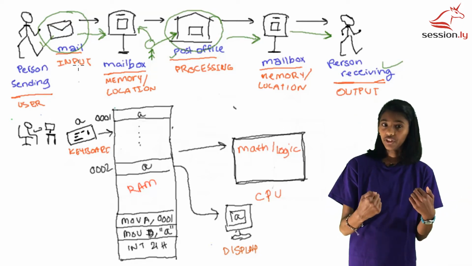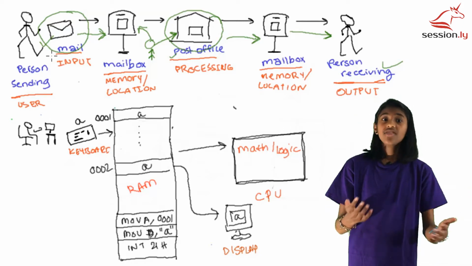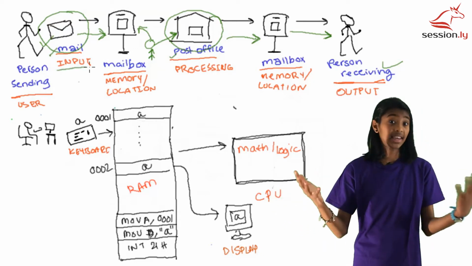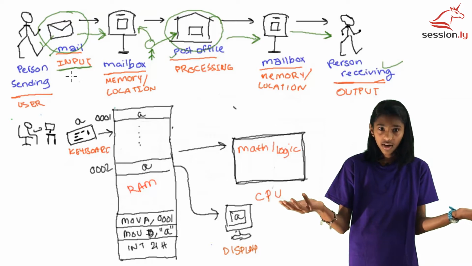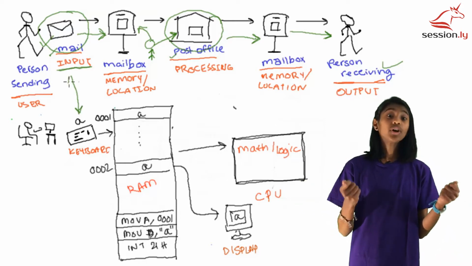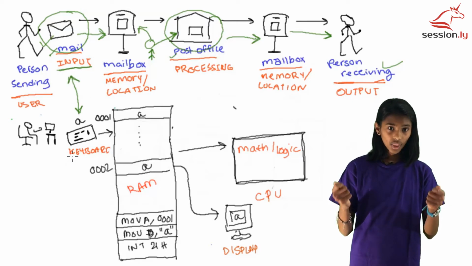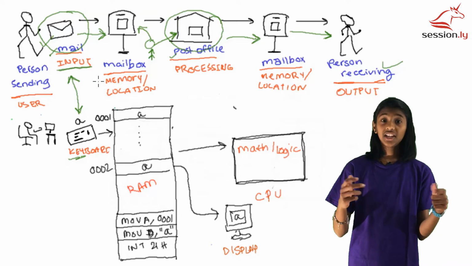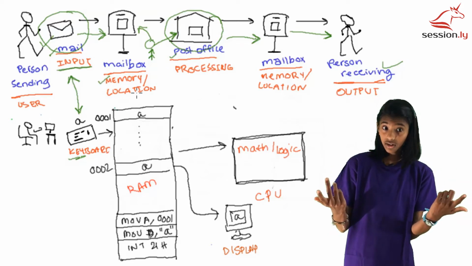So follow me carefully over here. The letter you are dropping in the mailbox can be treated like an input, right? Imagine this input as a keyboard or touchscreen. The mailbox where you are dropping your letter is like a storage, am I right?